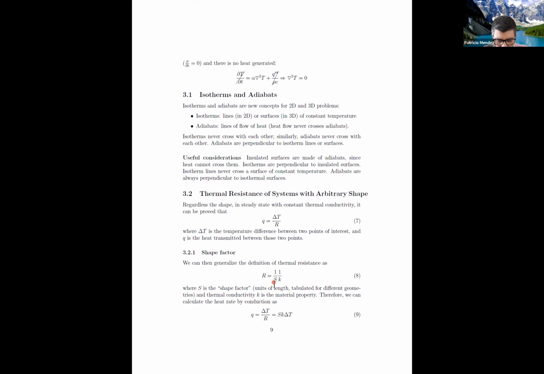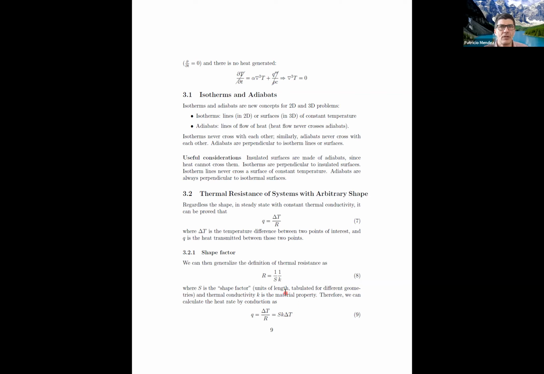So with this definition of the shape factor, if we replace this by resistance, we end up with the expression that the rate of heat transfer is shape factor times thermal conductivity times the delta T. Delta T is our boundary condition.